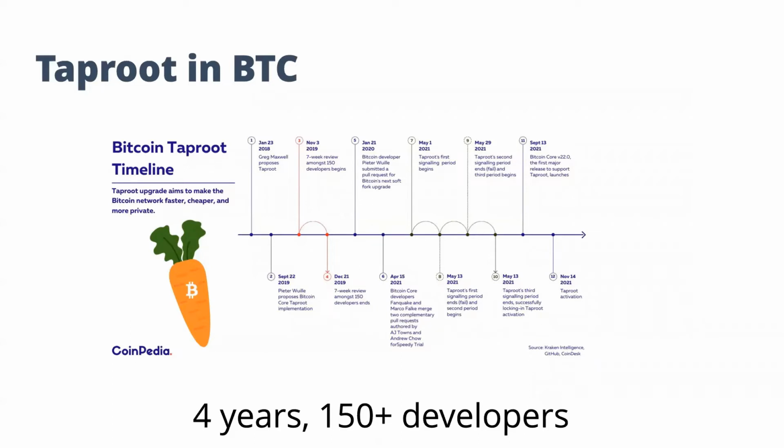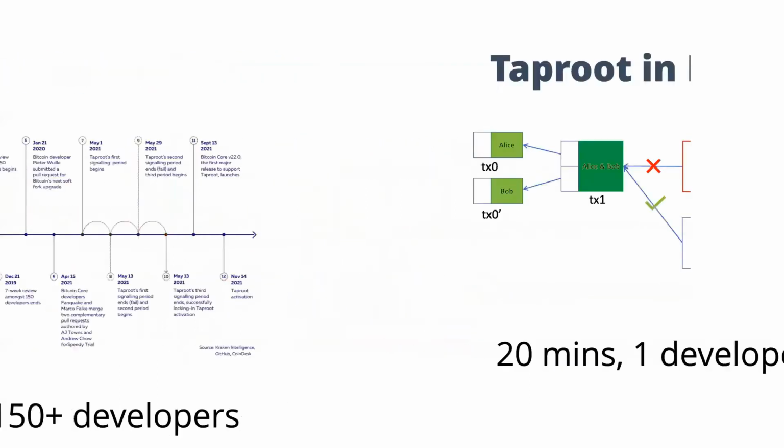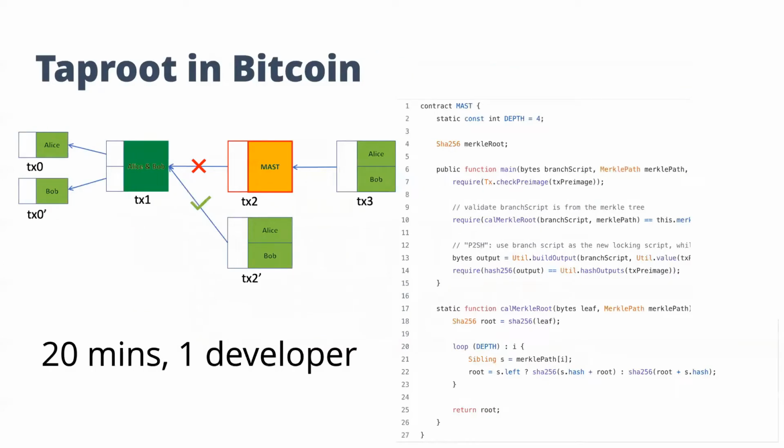So I'm showing you here, instead of having hundreds of developers' time across multiple years and a lot of research, and then a huge breaking change and hard fork, if you want to do it the real Bitcoin way, you can actually code this. I don't want to dive into the details of the code, just to get a sense, but you can pretty much code this in a little more than 20 lines of code, if you don't count the empty lines.